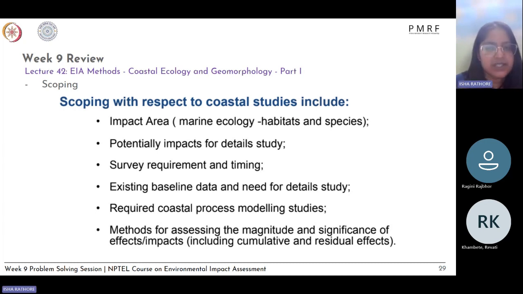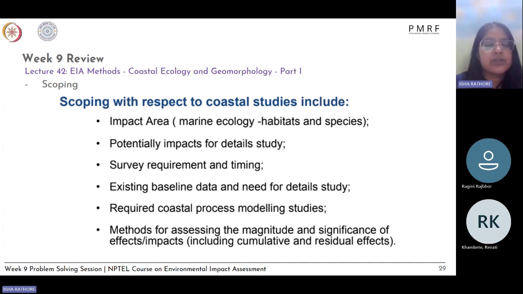Then you also look at survey requirements and timing. So if your project is affecting, let's say, the middle zone, then how are you going to collect survey data? How are you going to assess the different species and what is the timing for which you will do the study? All of this needs to be undertaken and decided. So which is why you need to have experts also in these kinds of studies.